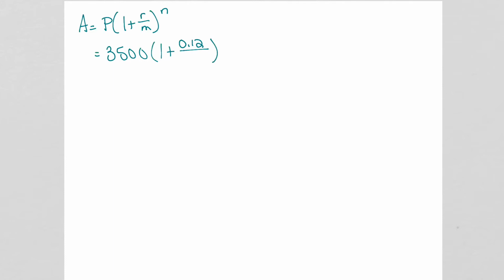M is the number of times that it's compounding per year. So if it's compounding monthly, that's 12 times per year. And N is the total number of times compounded. Well, if it's compounding monthly for 6 months, then it's compounding 6 times.